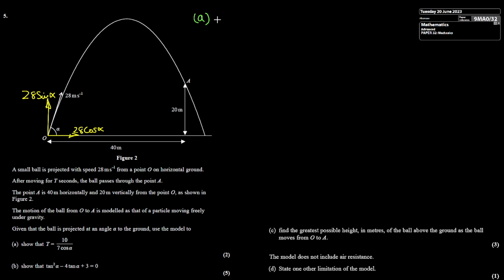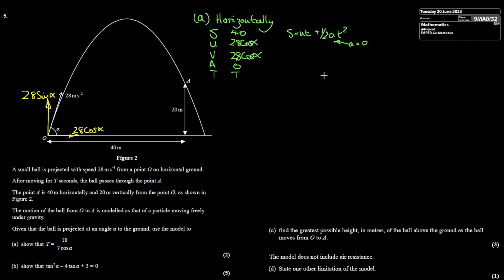So horizontally, suvat, the distance is 40, the initial speed is 28 cos alpha, the final speed is 28 cos alpha, the acceleration is 0, and the time is big T. The equation that links that is s equals ut plus a half at squared, but a, remember, is 0.